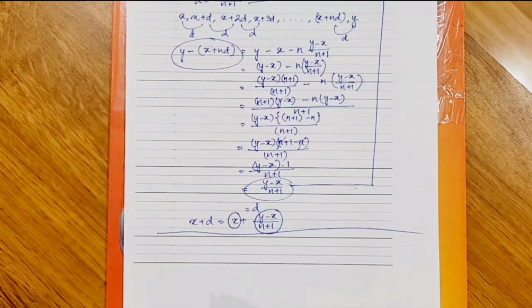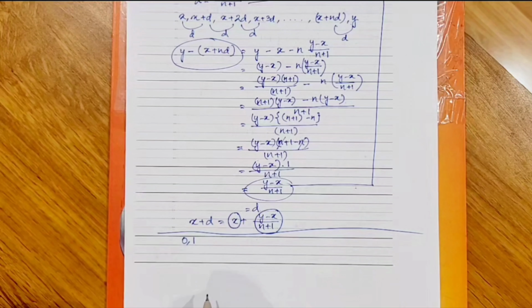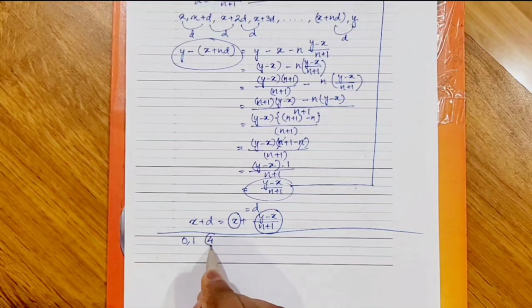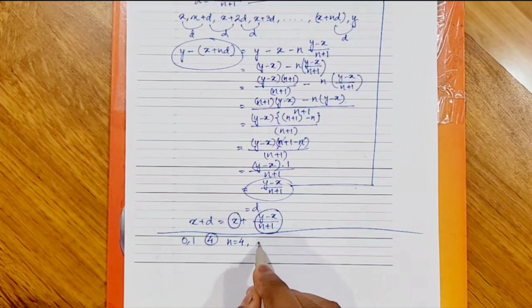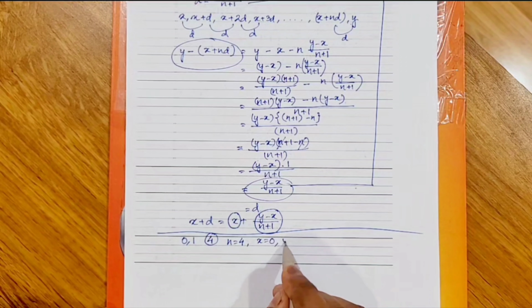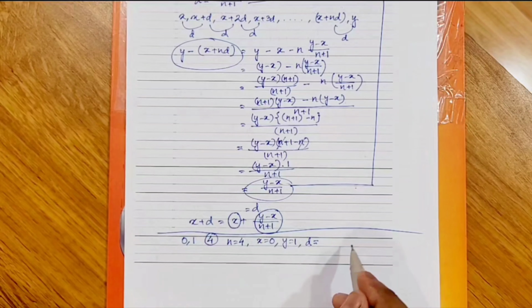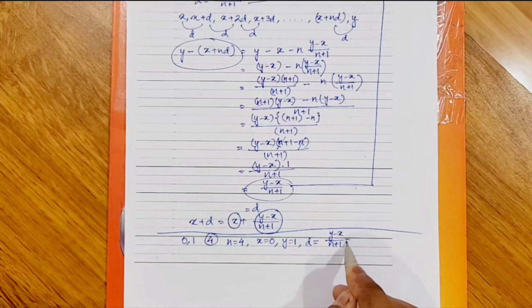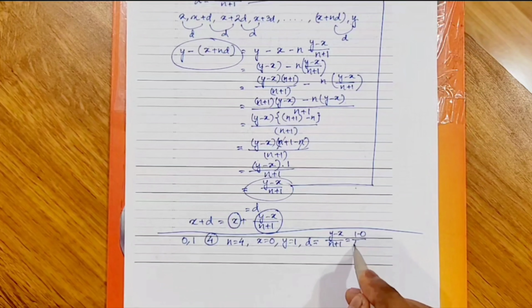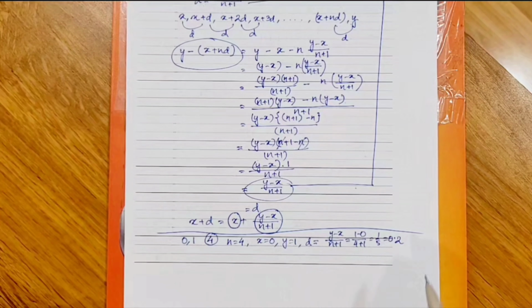Now let's say you have been asked to find rational numbers between 0 and 1, and you have been asked to find 4 such numbers. So in your case, n equals 4, x equals 0, y equals 1. So what will be your d or difference? y minus x by n plus 1, which is (1 minus 0) by (4 plus 1), 1 by 5, 0.2.